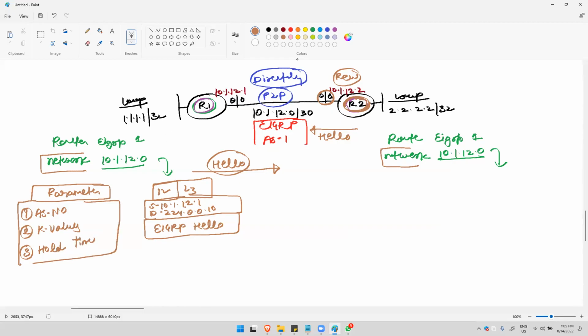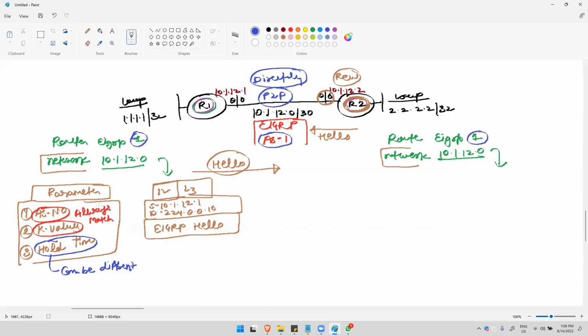The AS number and K values must always match. The hold timer can be different, no issue. So the AS number I am running is 1, and this side is the same, no issue.